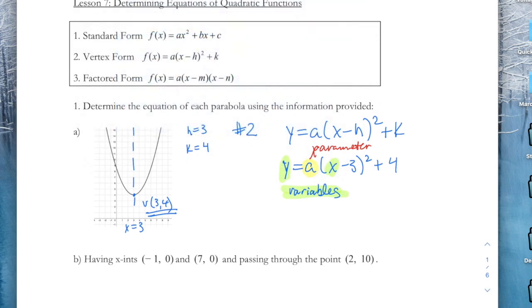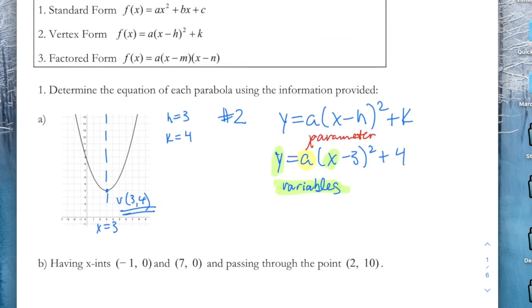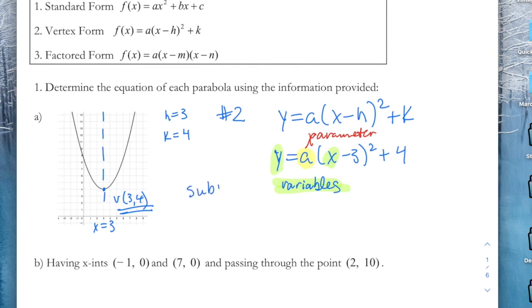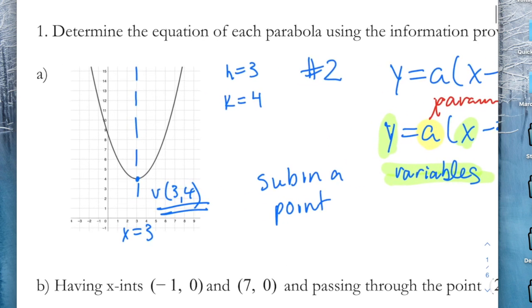And the way we do that is, well, we need some more information, so we need to sub in a point on the graph. And this can be any nice point on the graph. Sometimes they're not great, but I can see actually that this one looks pretty good. So I'm going to sub in the point (5, 6).